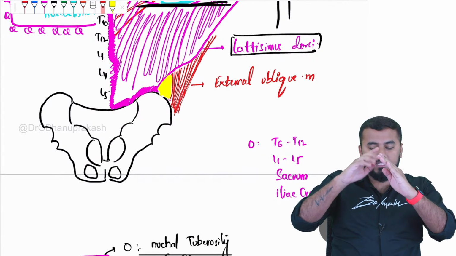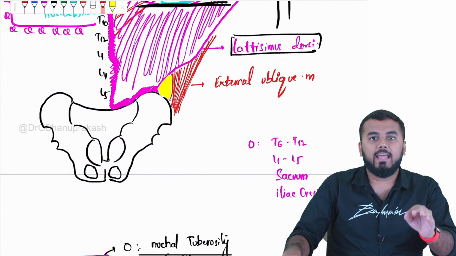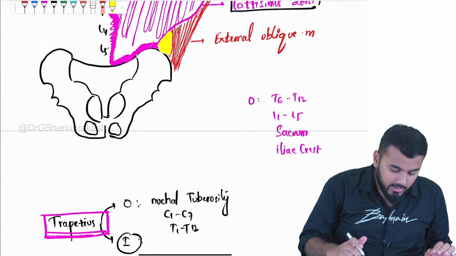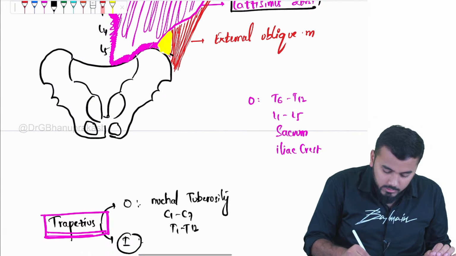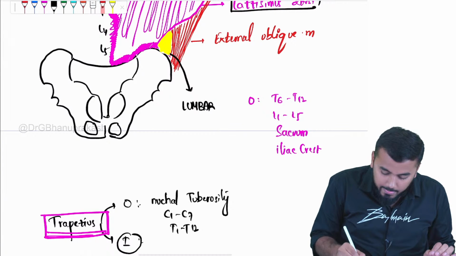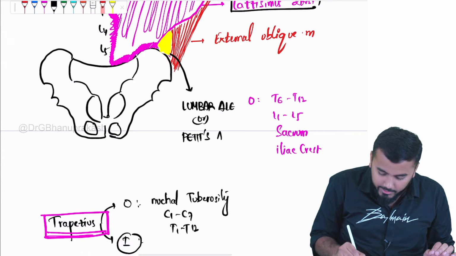Iliac crest, external oblique, latissimus dorsi. Three of them together you find a triangle called Petit's triangle. This triangle you call lumbar triangle, or the other name for this is Petit's triangle.